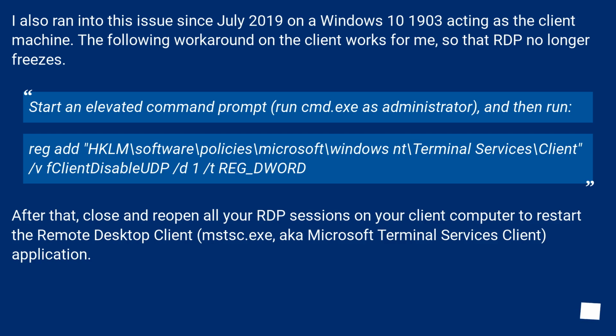Start an elevated command prompt, run as administrator, and then run reg add HKLM\software\policies\microsoft\windows nt\terminal services\client /v fClientDisableUDP /d 1 /t REG_DWORD. After that, close and reopen all your RDP sessions on your client computer to restart the Remote Desktop client, mstsc.exe, aka Microsoft Terminal Services Client application.